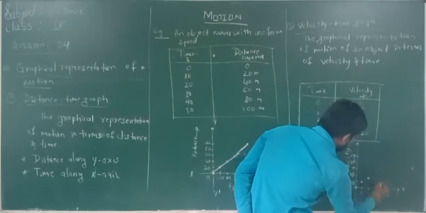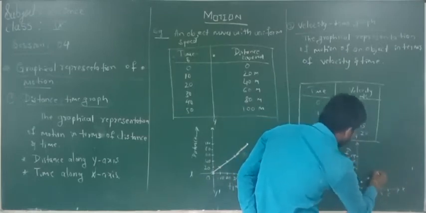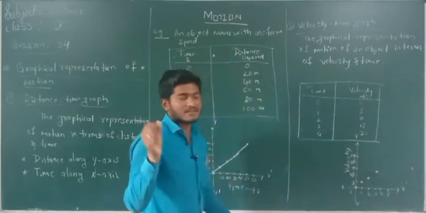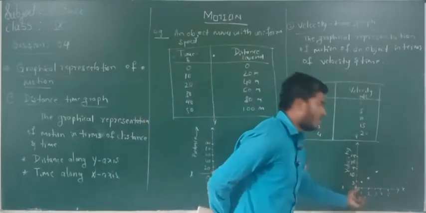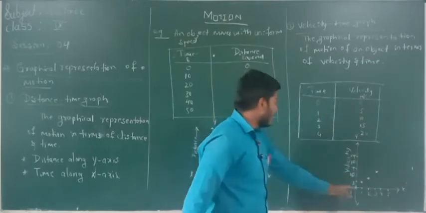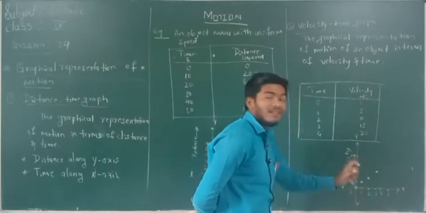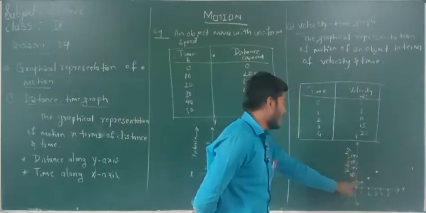Again, along 3 and 15, the two points meet here. You have to mark the point where the two lines meet. That is, one line comes from 1 second and another line comes from 5 meters per second, and they meet here.